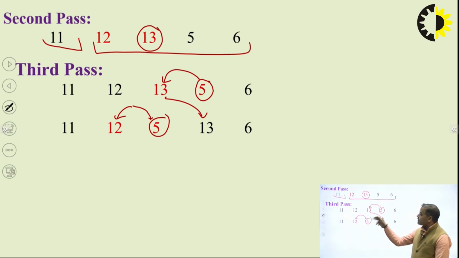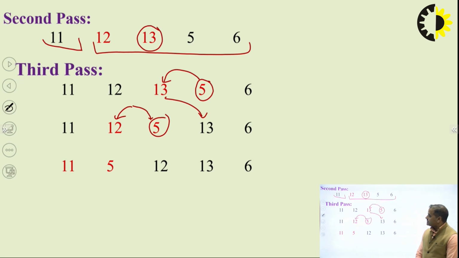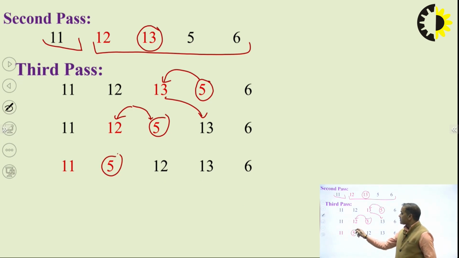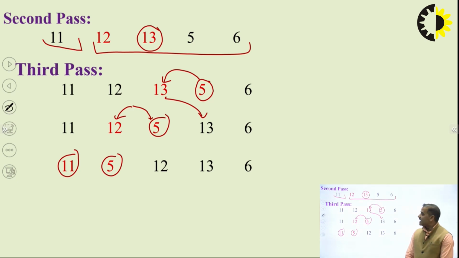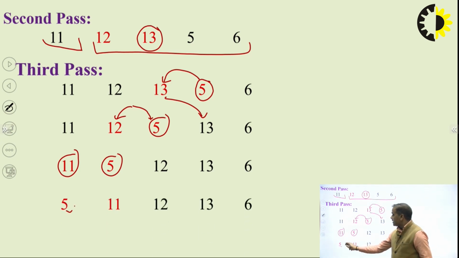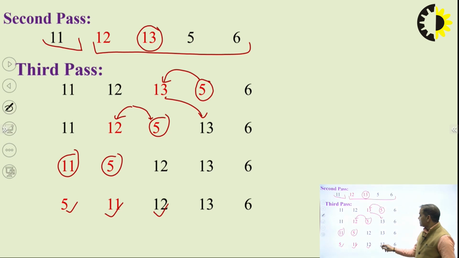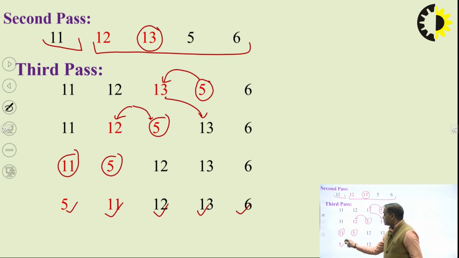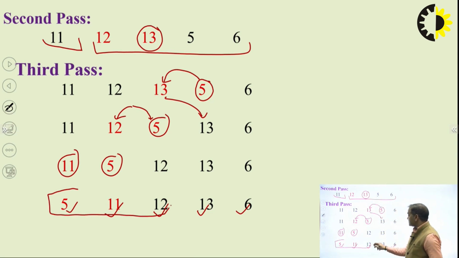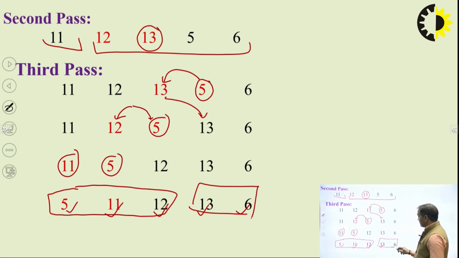So we swap 5 with 12. The next sequence is 5, 11. Now 5 is also less than 11, so we swap 5 with 11. The sequence is 5, 11, 12, 13 and 6. Now the sorted part is this, and this is the unsorted part.